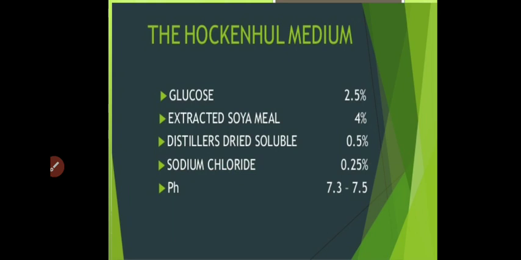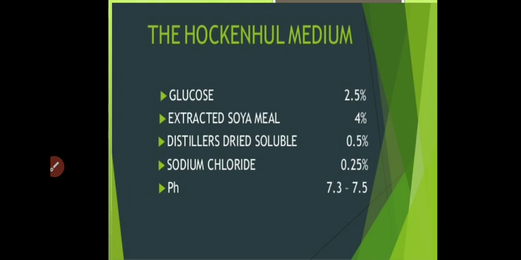It includes glucose 2.5%, extracted soya meal 4%, distillers dried soluble 0.5%, sodium chloride 0.25%, and the pH of the medium is adjusted between 7.3 to 7.5.